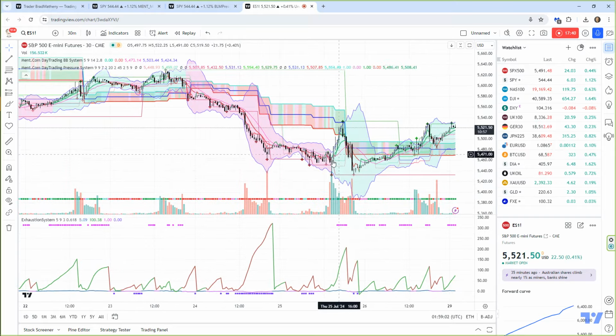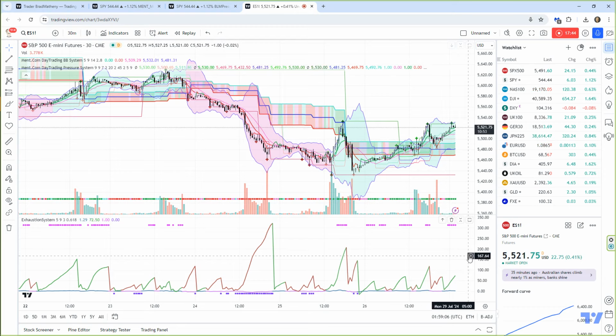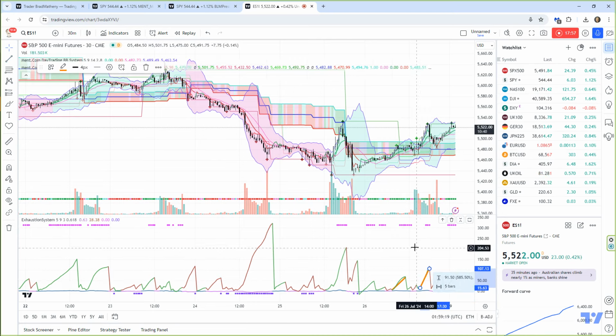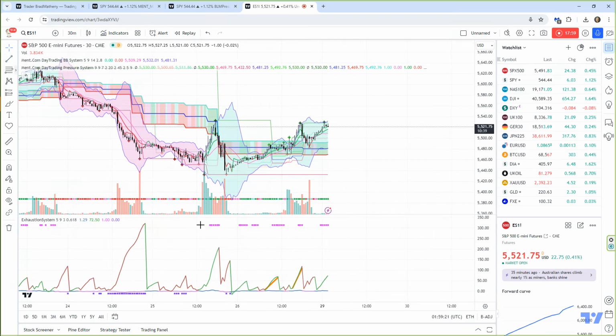So 30 minutes, we're in bullish trending. We're moving higher. We're getting good, solid upward trends. Your opportunities, ladies and gentlemen, are really in these areas here, and then here, and then here.